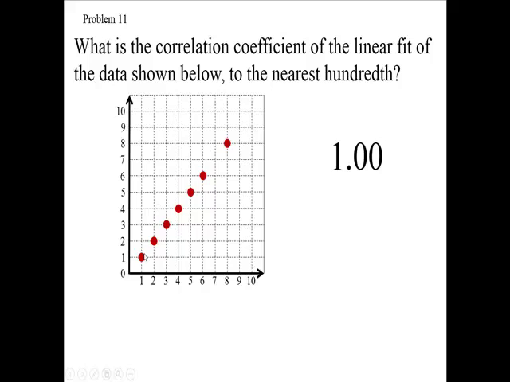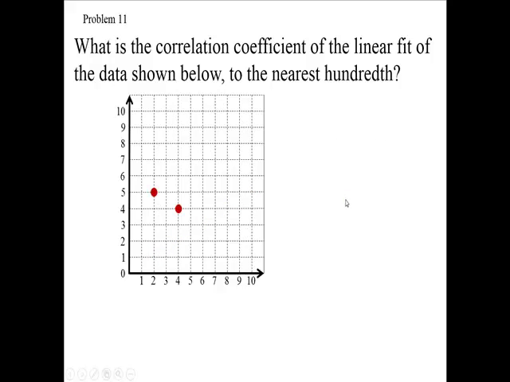You could have a steeper slope, like instead of going up 1, you're going up 2 and over 1, a different slope like this. But the fact is they all line up, so the correlation is still a 1. Or you could have it rise slower. Correlation here is still 1. 1 means they line up in a straight line. That's all the 1 means.